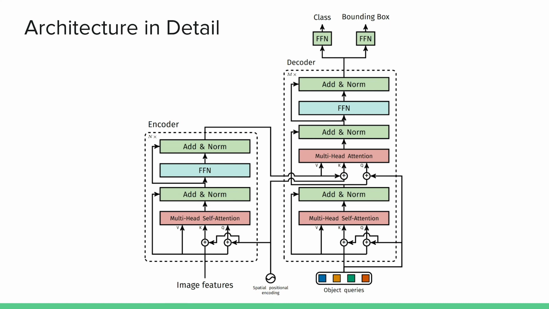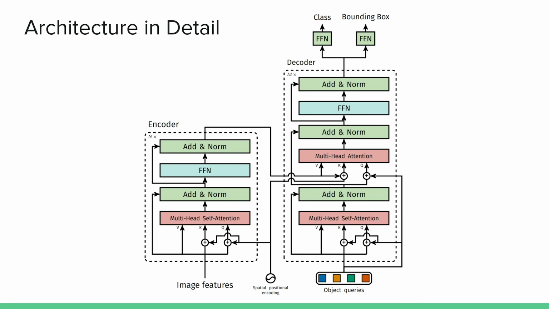So in detail, the architecture is very similar to what we've seen before, in that we have our encoder on the left side with a multi-head self-attention, where we have again our values, key and query, and then this normalization and feed-forward network. On the other side, it's exactly the same, with the only exception that we're now using these object queries instead of our output sequence.